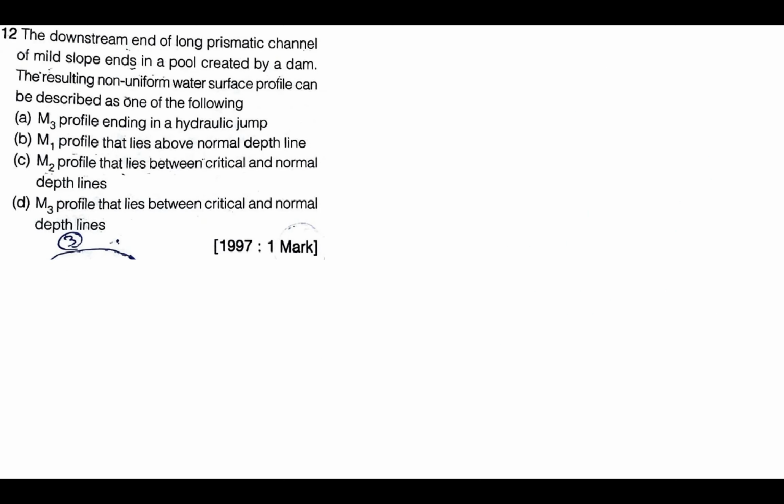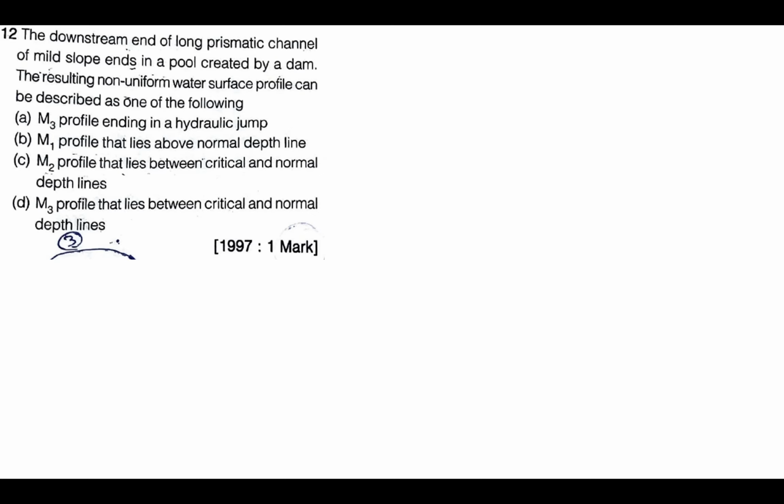Now moving ahead with question number 12. The downstream end of a long prismatic channel of a mild slope ends in a pool created by a dam. The resulting non-uniform water surface profile can be described as one of the following.